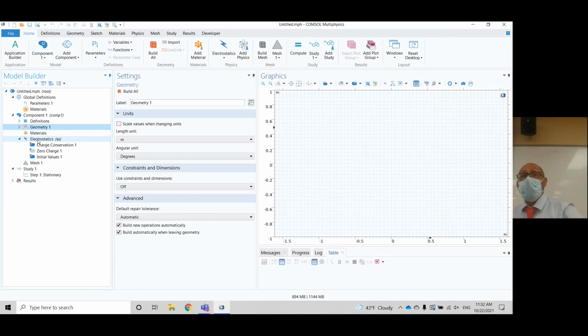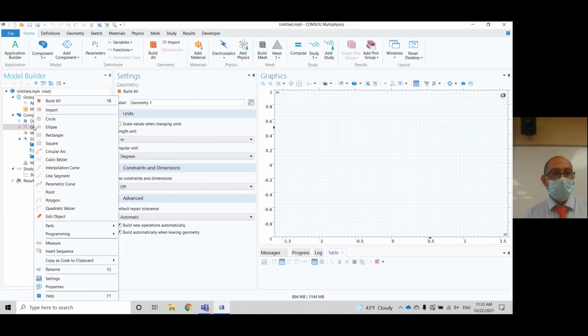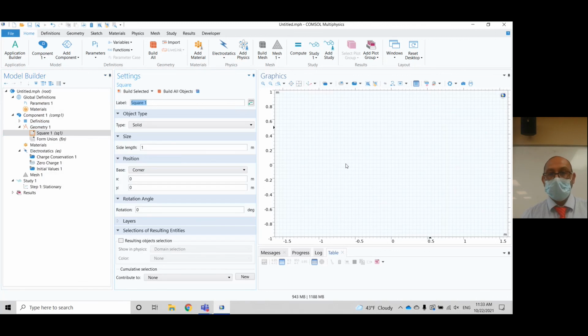So I'm going to do something very simple: a metallic sphere with a charge, and I want to look at the electric field outside. So I'm going to add my geometry. I'm going to add a square, and I'll show you why.